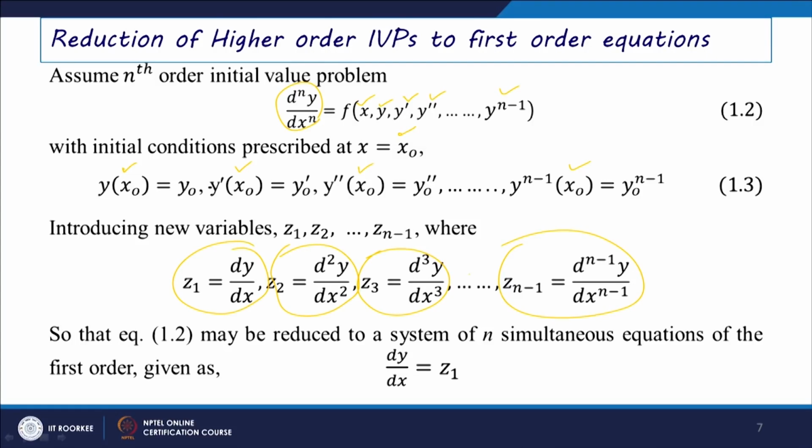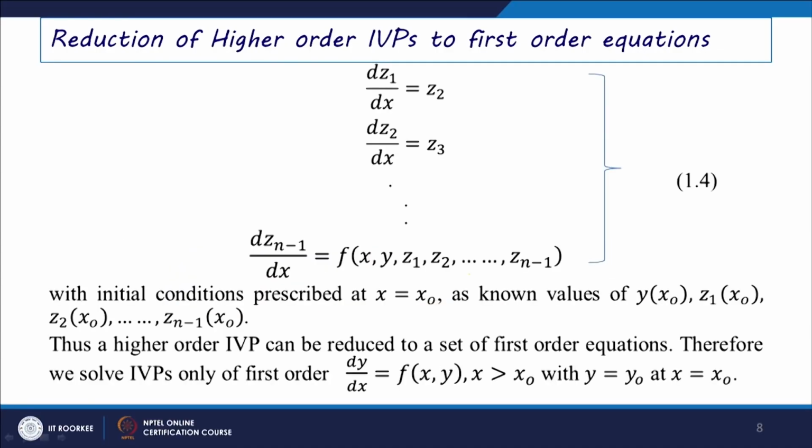Then we can write z1 equals dy by dx, and if we take the first differentiation of z1, dz1 by dx can be written as z2. Similarly, z3 can be written as the first order differentiation of z2. Likewise, if we proceed, we obtain d of zn minus 1 by dx as f of x, y, z1, z2 up to zn minus 1.